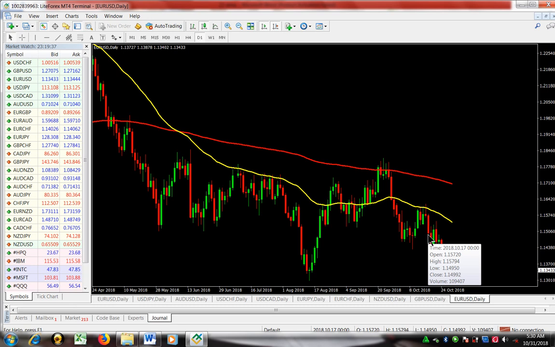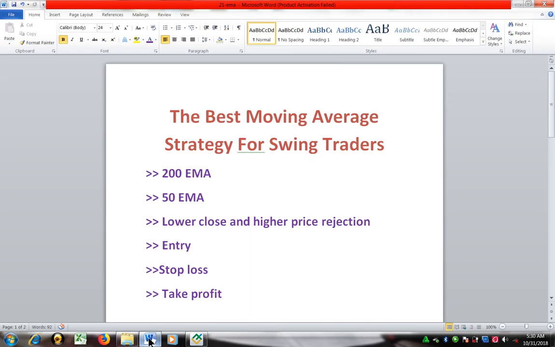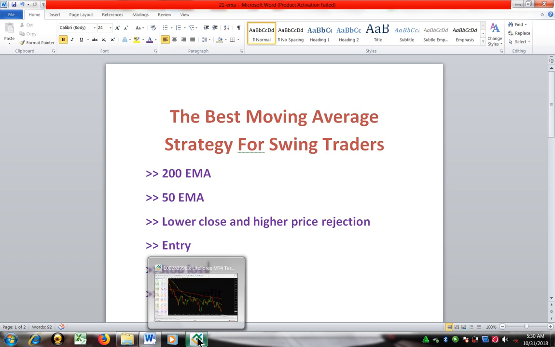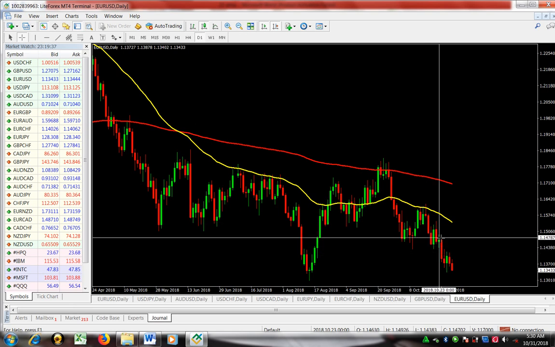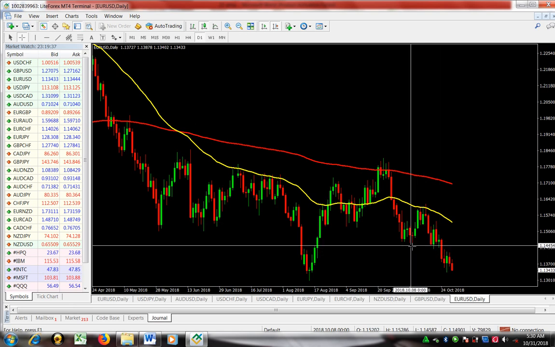Open our sell position here, our short position at the open of this candle, and then the next thing is what will be our stop loss and our take profit. Look at this support.